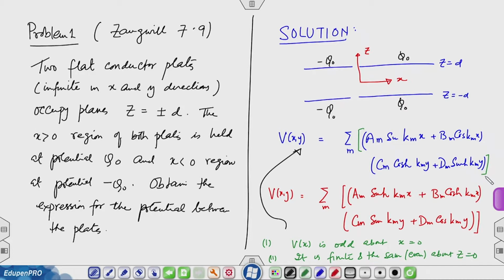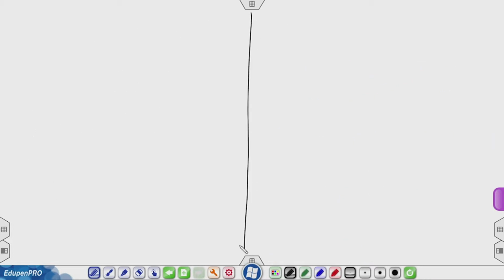But it is better to use the first form, because sine k m x has the possibility of giving me an odd solution in x, and cosine hyperbolic k m y has the possibility of giving me a symmetric solution about z equals 0, which is finite at both z equals plus and minus d. I should have mentioned that it is the same at z equals plus minus d.